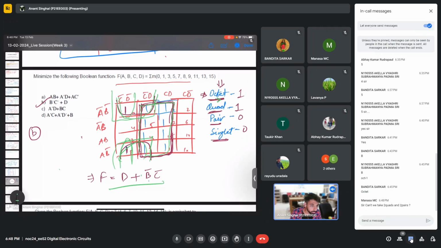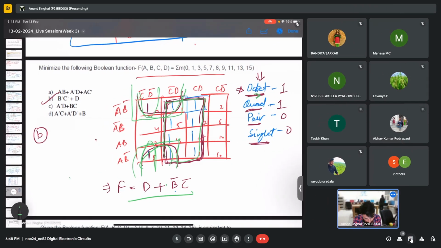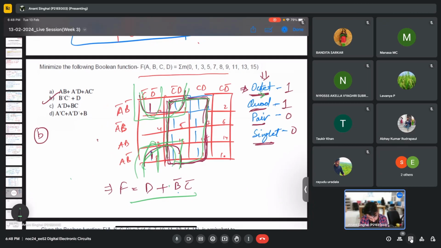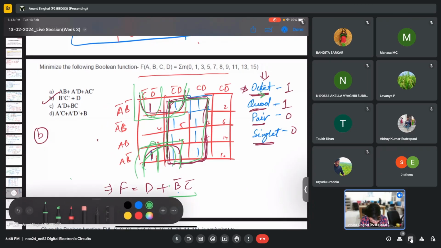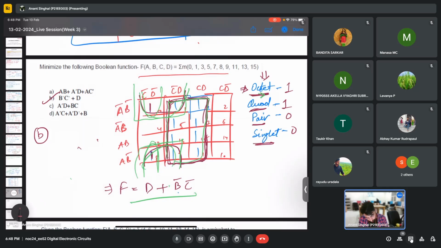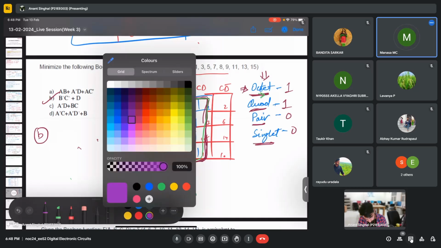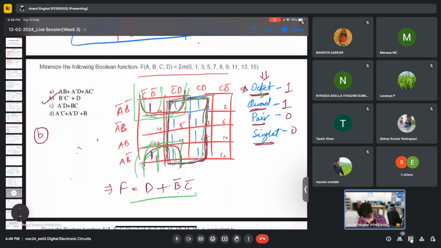Okay, there is one more doubt. Can't we take two quads and two pairs? Can you please elaborate your doubt? Yes, sir. First four ones and other four ones in the same row, and two pairs. So you are saying like these 1 3 5 7, something like this?